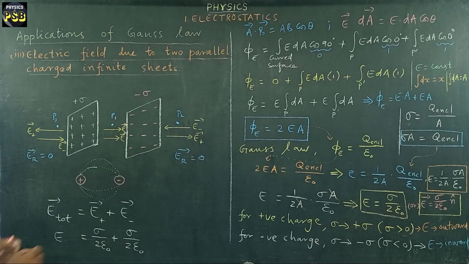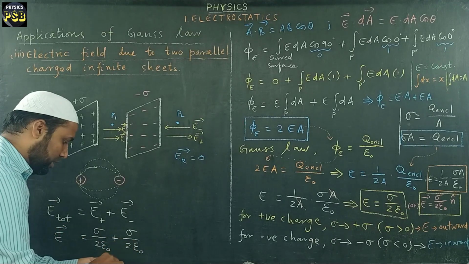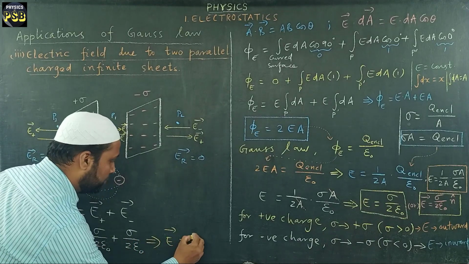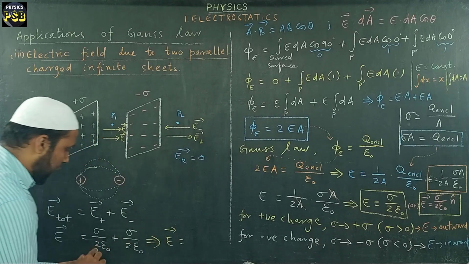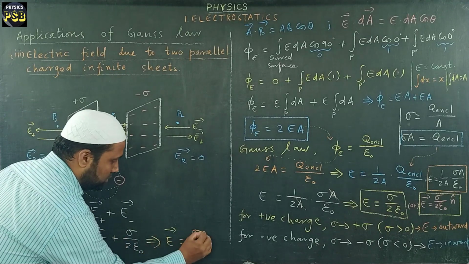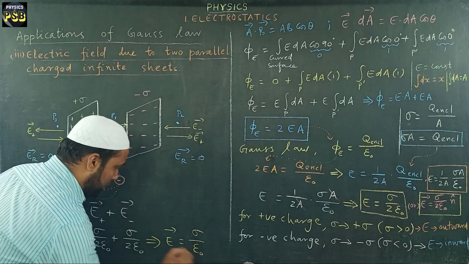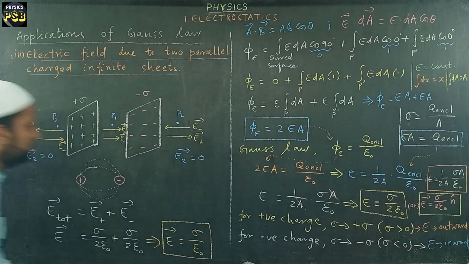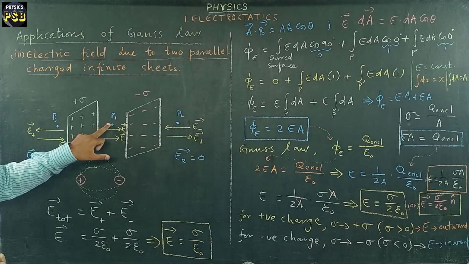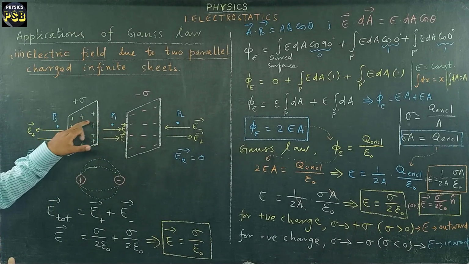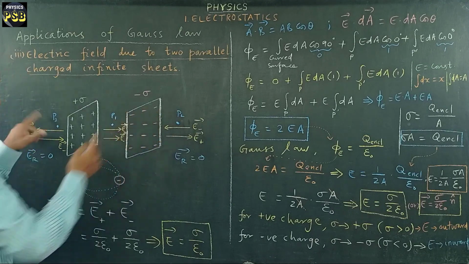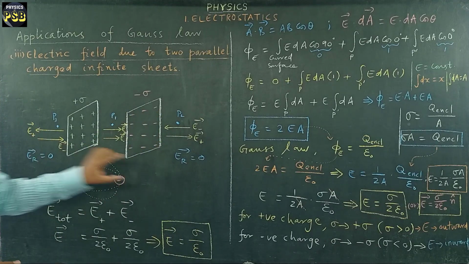This is the total electric field. E vector is equal to half and half becomes 1, sigma upon epsilon naught. This is the electric field present at point P1 due to these 2 charged sheets carrying different charges, and at point P2 and P3 the electric field is 0.